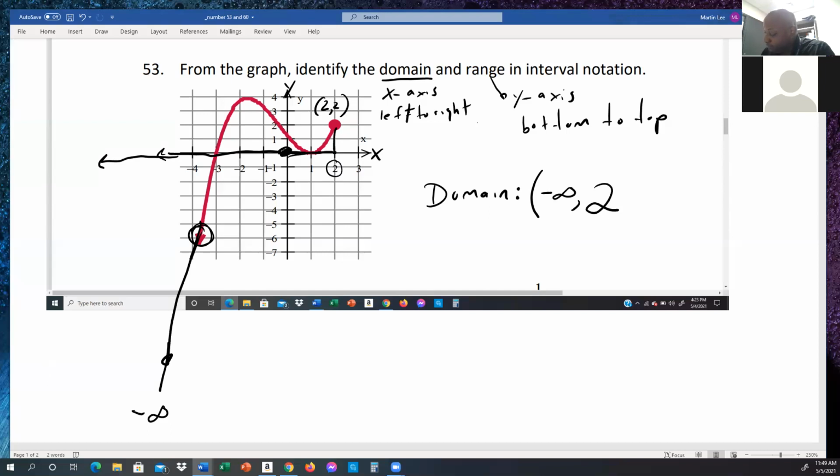So my domain is from open parenthesis, negative infinity, comma, 2. And since this point is shaded in, I'm going to have a square bracket. So my domain is from negative infinity up to 2. Negative infinity with the open parenthesis and 2 with the square bracket.